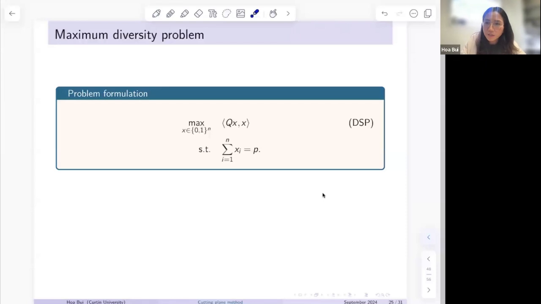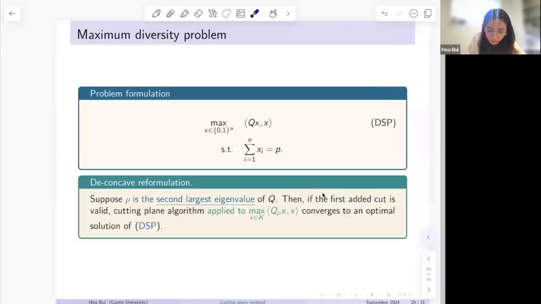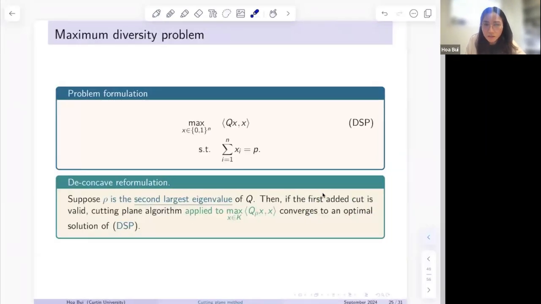So we can make use of it. We can show that instead of keeping rho equal to 0, we can choose rho as the second largest eigenvalue of Q, which is negative. Then when the first added cut is valid, the cutting plane method applied to the reformulated model converges to an optimal solution as well.